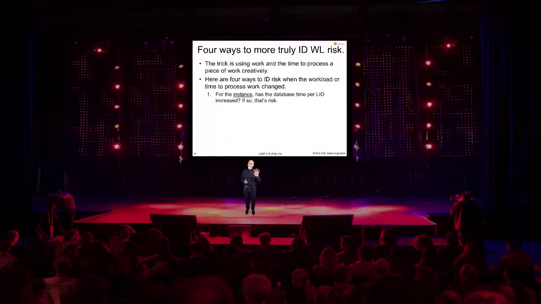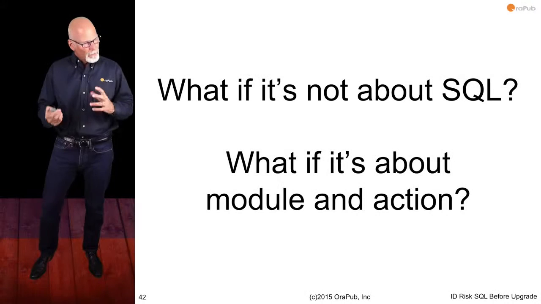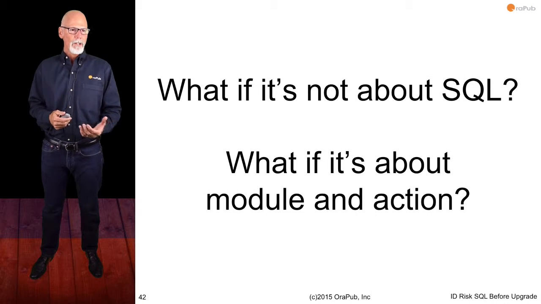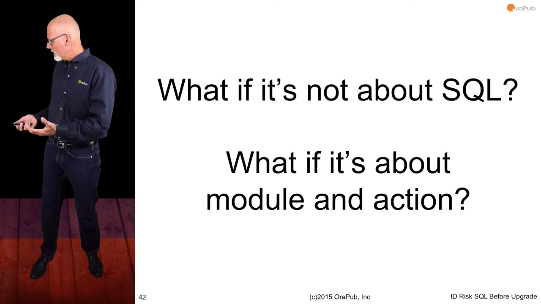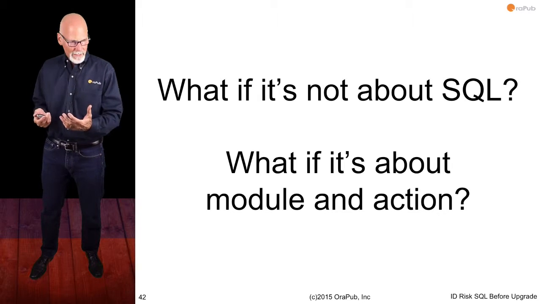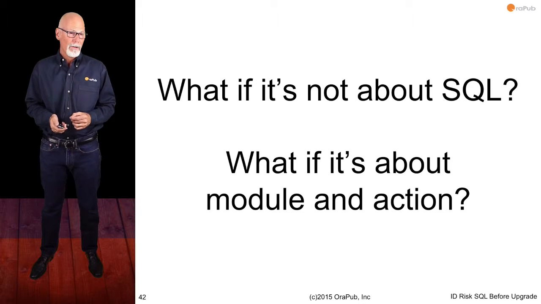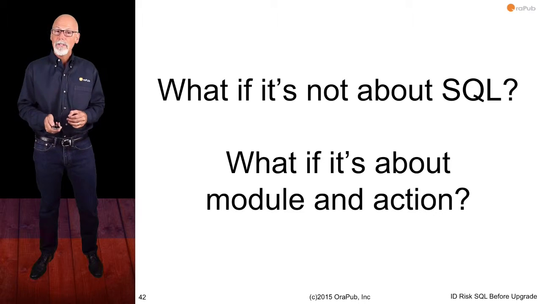So here I have 4 ways to help you understand if there truly is risk related to the whole workload thing. First of all, at an instance level, or what if it's about a business scenario, and some of these different scenarios run different SQL IDs, or the same SQL ID, but they have different bind variables. It gets really, really difficult to assess the risk when this actually happens.